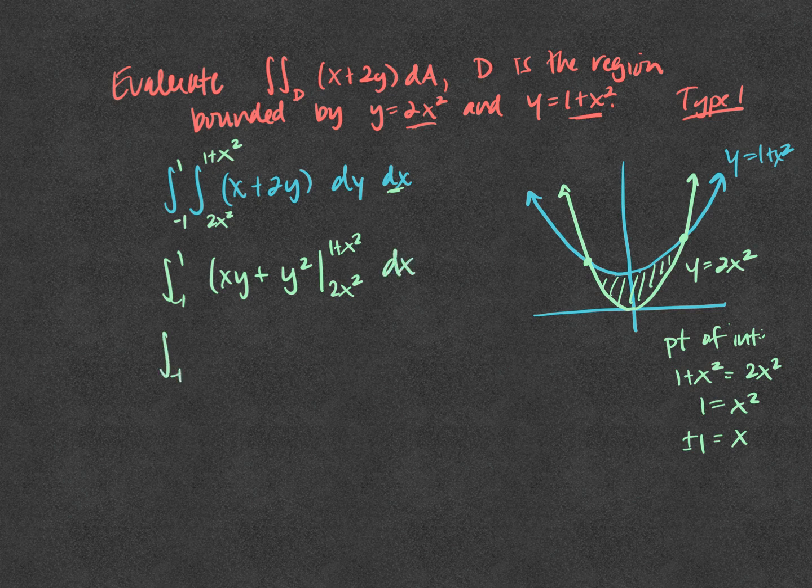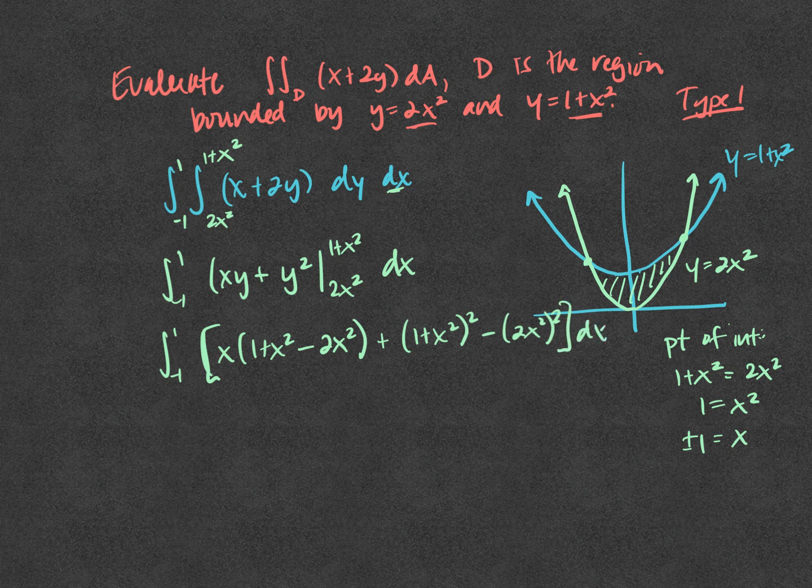So we integrate from -1 to 1, plugging in y: x times (1 plus x squared) minus x times 2x squared, plus (1 plus x squared) squared minus (2x squared) squared, all integrated with respect to x.